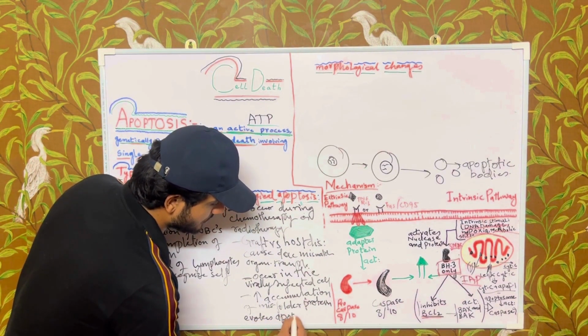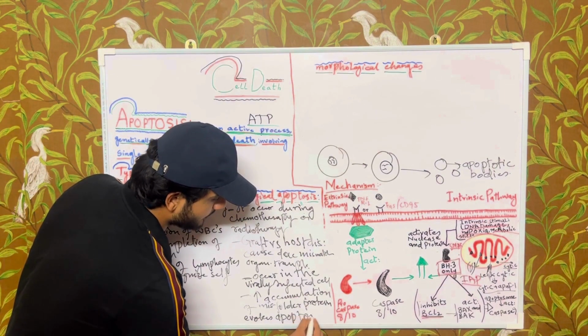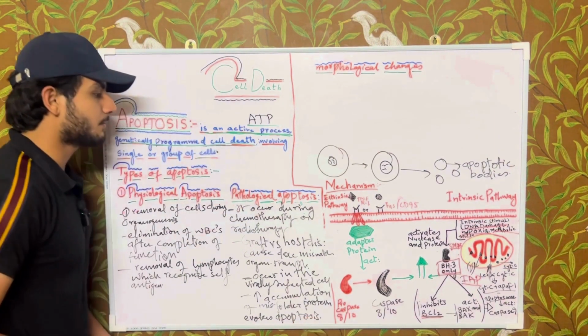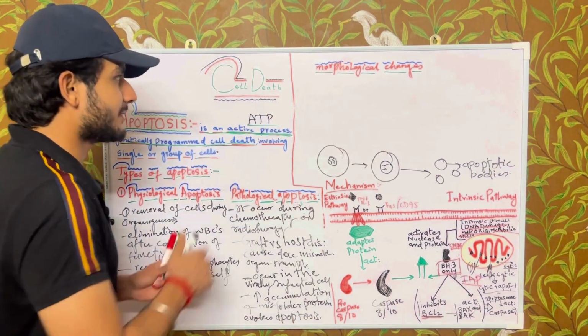Okay, so with this we are done with the types of apoptosis, both physiological as well as pathological.